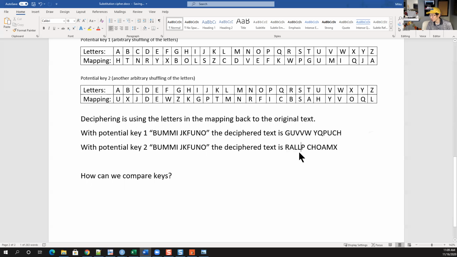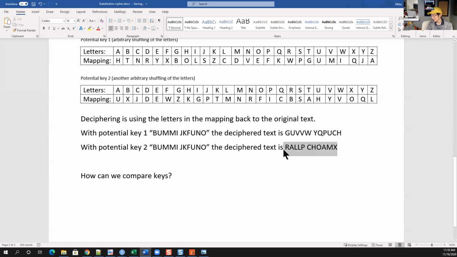At least this is working in the correct direction, because we've seen lots of words that start with R. We've seen lots of words that have AL and LL. Those look correct. And we've also seen lots of words that start with CH, CHO, and stuff like that. This doesn't seem that far-fetched.